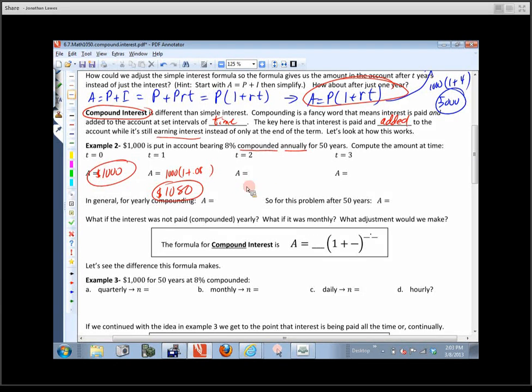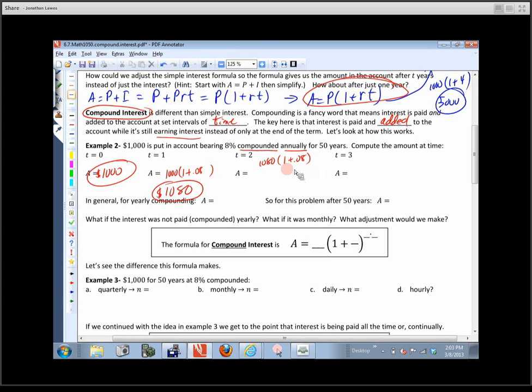Okay, now, let's roll this over here. Now, during year 2, stop and think about this. The only thing we've got to work with is this right here. So this is going to be 1,080 times 1 plus 0.08. There's the new principal. That's how much is sitting in the account. And we're going to pay this much interest.